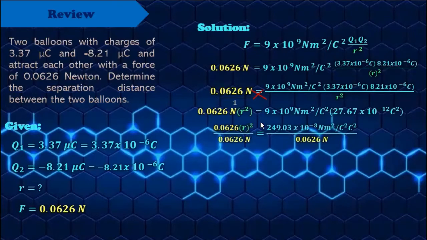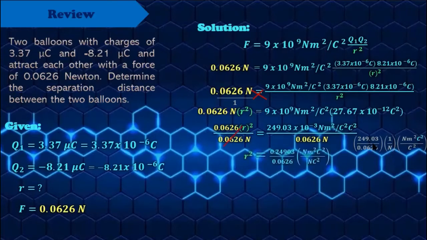Now, this time, let's simplify first the right side of the equation, specifically the units. We have here the coefficient, divide, and 1 over Newton, then Newton meter squared over Coulomb squared. Coulomb squared, we have here.